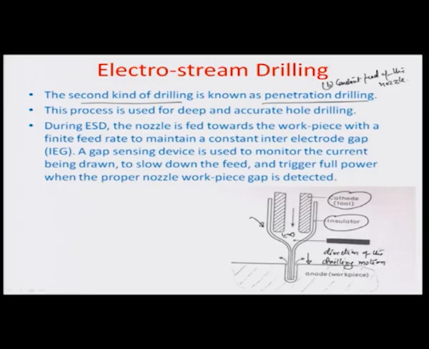And you basically move the nozzle along with the acid stream, thus keeping the gap between the workpiece and the point where the stream gets generated. So, we call it stream formulation point.